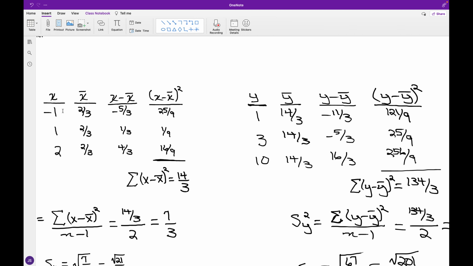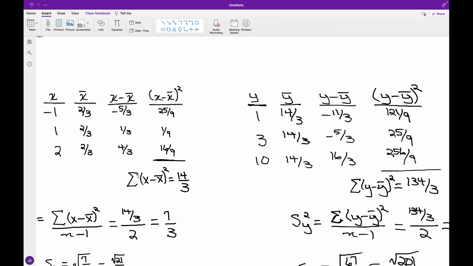For x at negative 1, the difference is negative 5/3. For x at 1, you have 1 minus 2/3, which is 1/3, and 2 minus 2/3 comes out to 4/3. Squaring each of the differences, I have 25 ninths, 1 ninth, and 16 ninths.